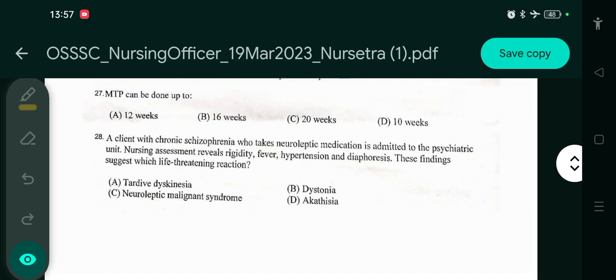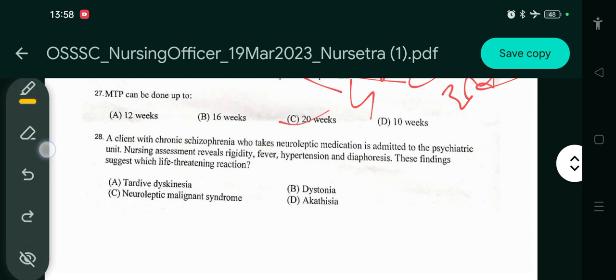Next question: MTP can be done up to A 12 weeks, B 16 weeks, C 20 weeks, D 10 weeks. This question, friends, is according to the old guideline; now the MTP guideline has changed. According to the old guideline, the answer would be 20 weeks.